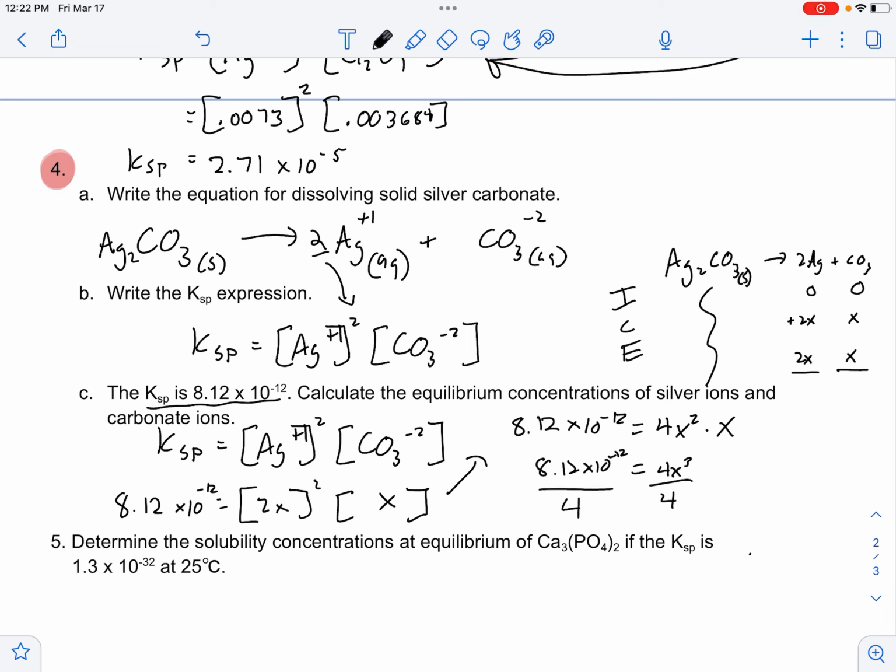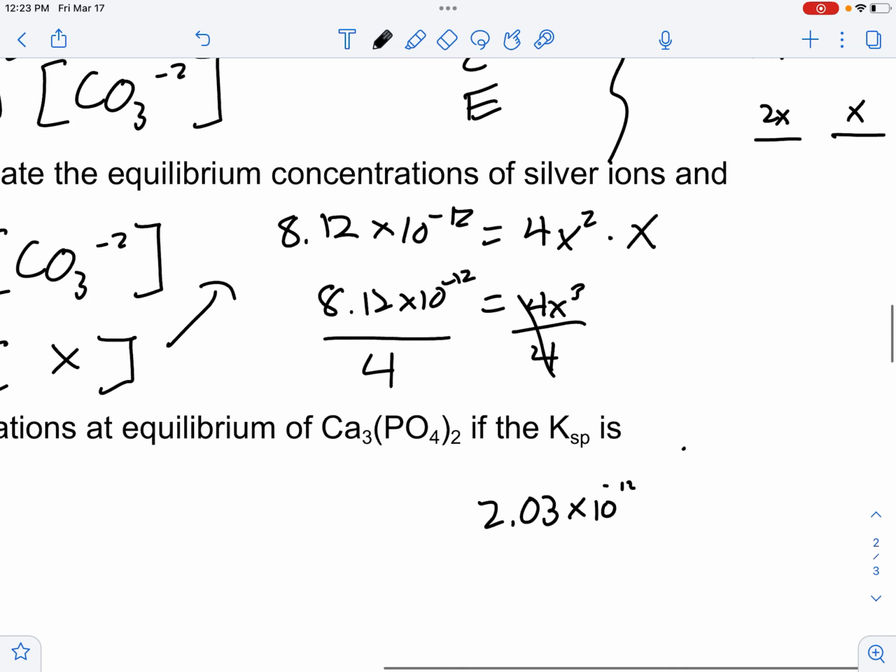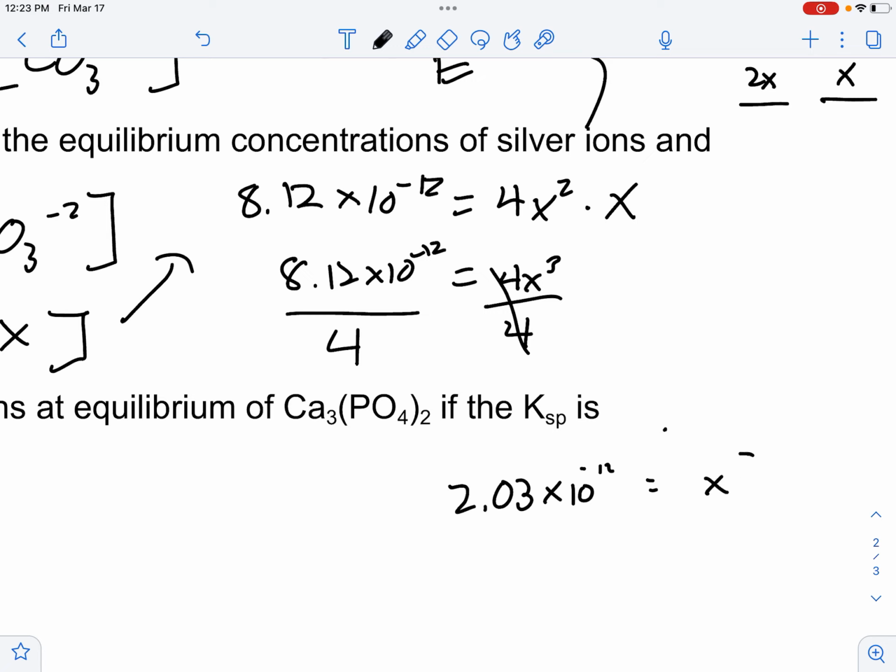I divide by 4. So we got 8.12 divided by 4 is 2.03 times 10 to the negative 12. And I'm just going to move this down so I have room. Equals x to the 3rd power.